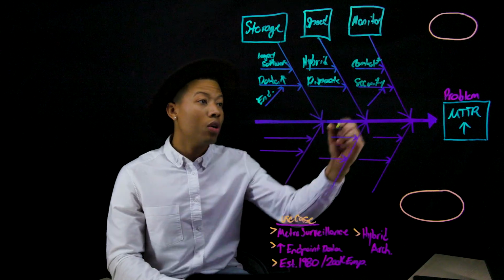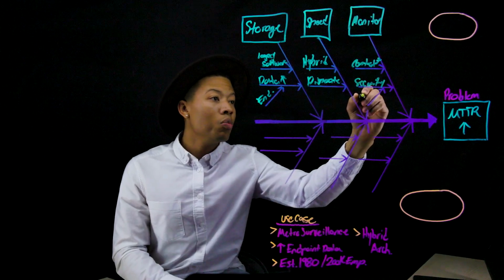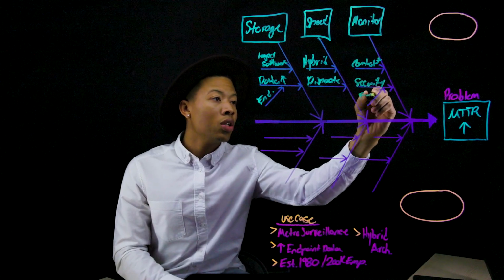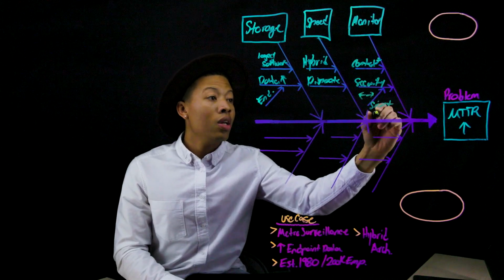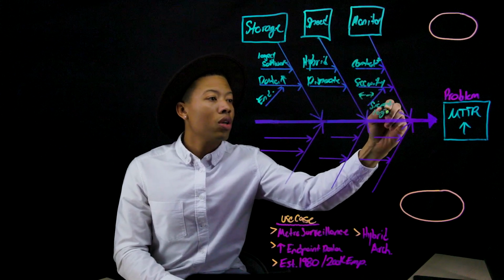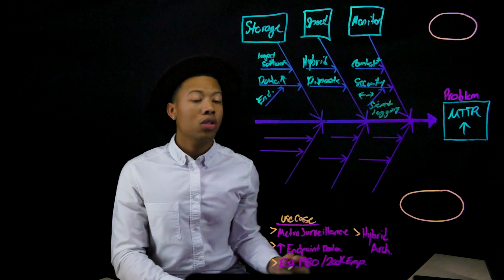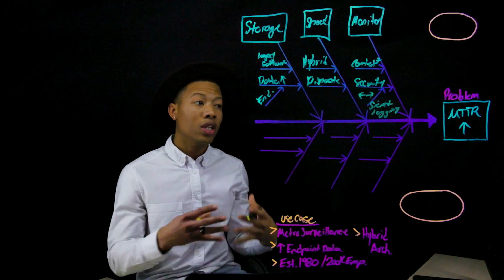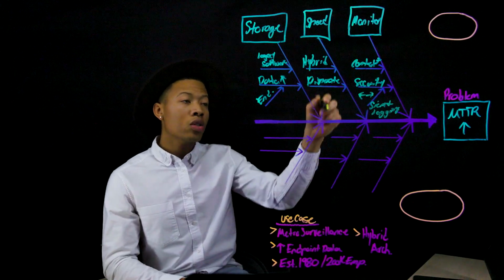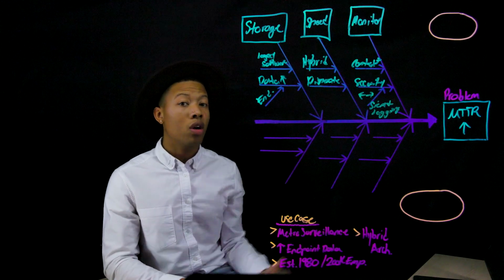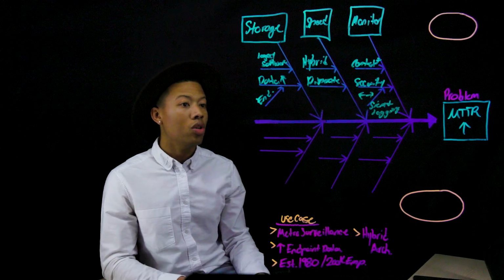So there could be a separation between both the SIEM and even the logging solution, which could cause a lot of headache. There are a lot of different integrations that we're seeing in the industry today, but these are two monitoring components that could be a big cause of mean time to resolve for them right now.